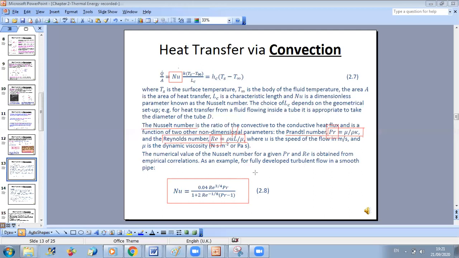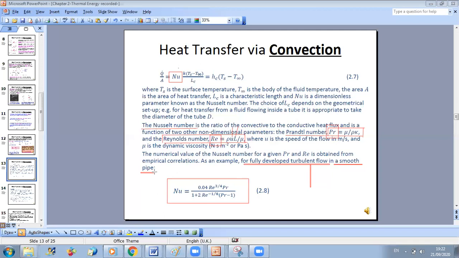As an example, if we performed an experiment for fully developed turbulent flow, so first it's turbulent, okay, and it's a flow over a smooth pipe. So here the geometry should be the same. If you do experiments on tubes, you cannot extend the result to flow over a flat surface, okay? And if you do experiments on turbulent flows, you cannot extend the results to laminar flows. So at least you should be in the same conditions.